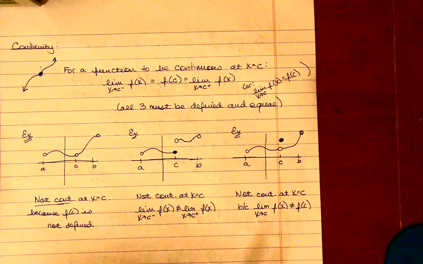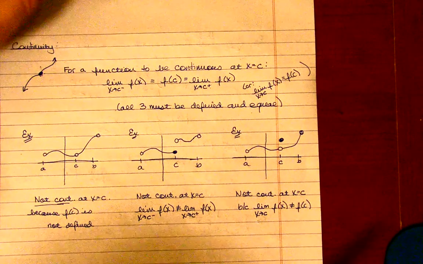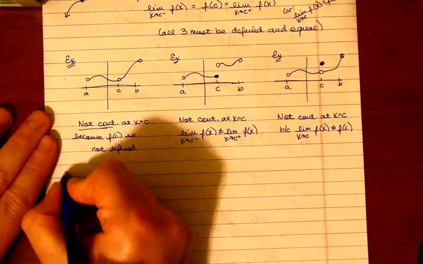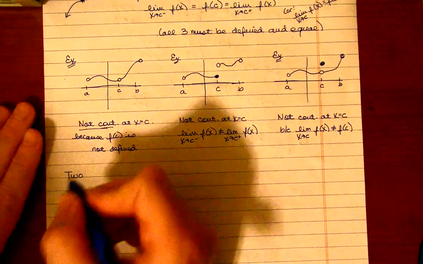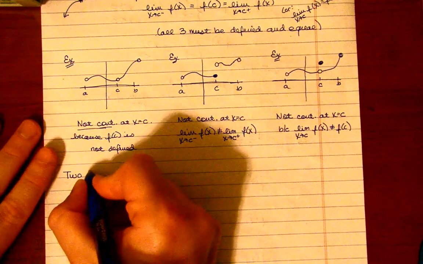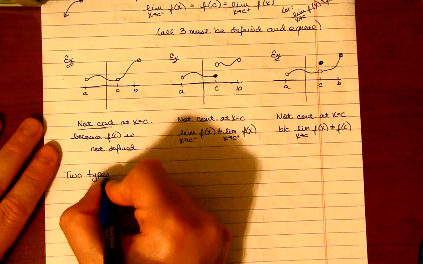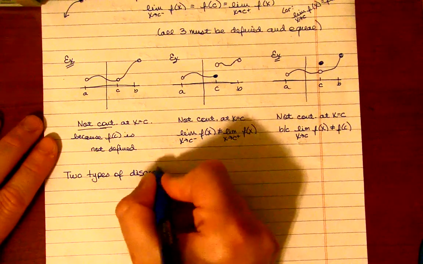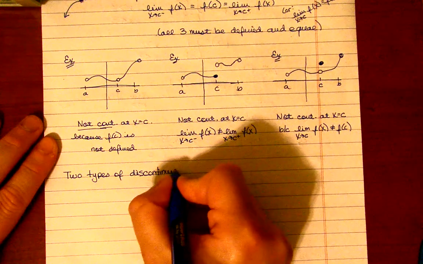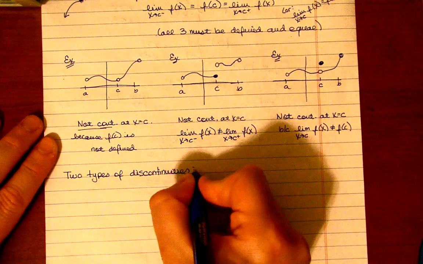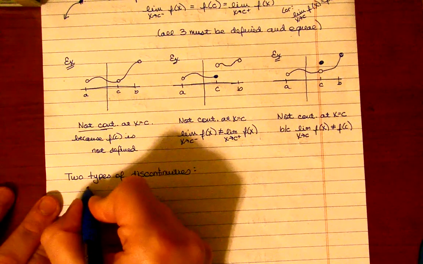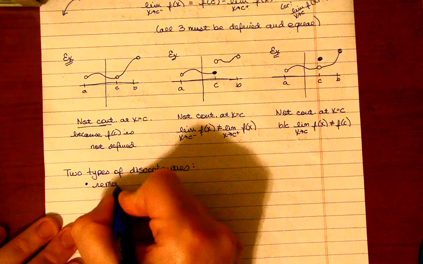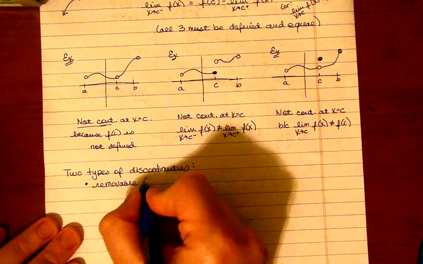Now that we've seen the definition, there are two specific types of discontinuities that we need to be able to distinguish between, called removable and non-removable. Our first is called removable, which really is a fancy word for a hole.